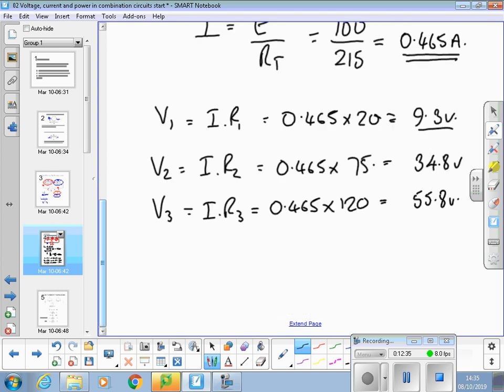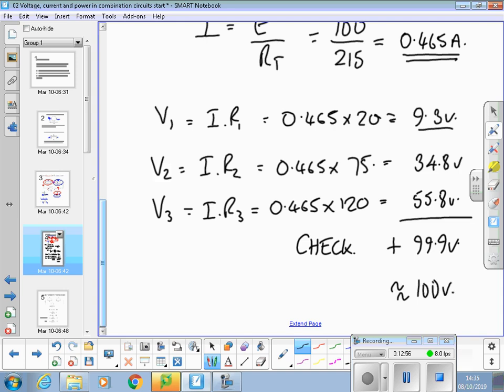There's some rounding in there, isn't there? Okay. I'll check to add all them up. Approximately equal to the 100 volts of the supply.